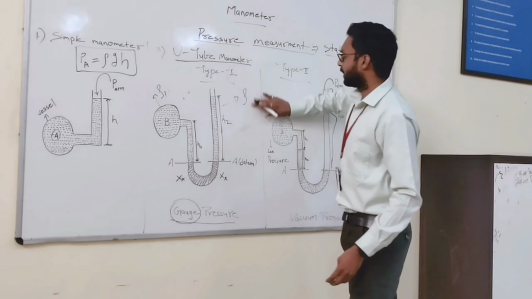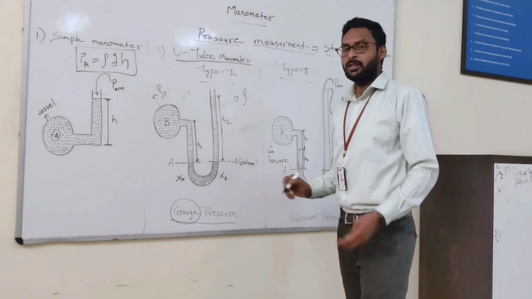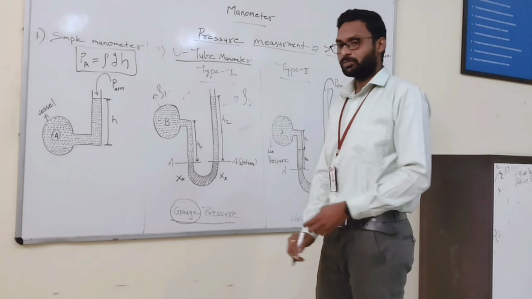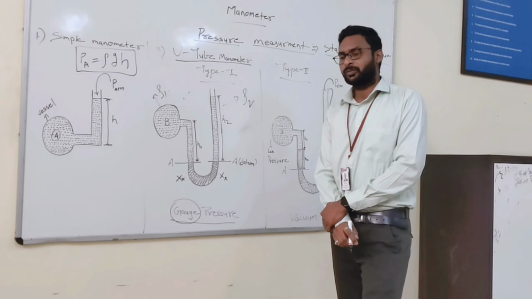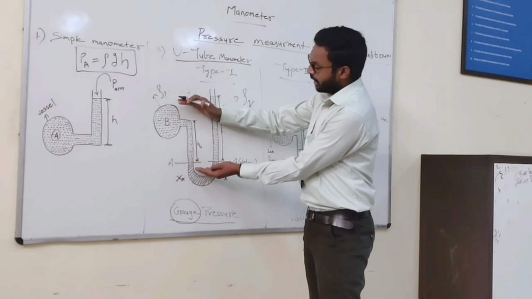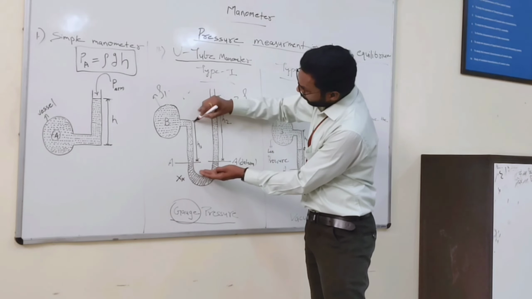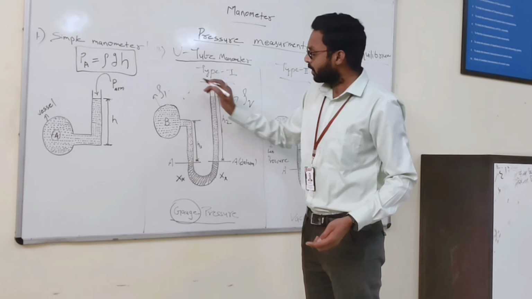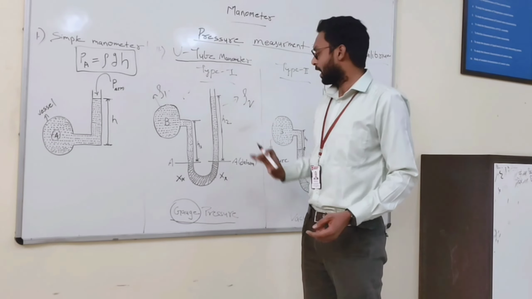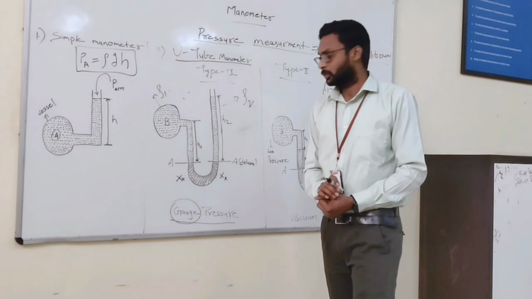For the heavier liquid I am considering the density as ρ2. For your better understanding I am writing it here. The height of liquid 1 is H1 and the height of liquid 2 is H2.